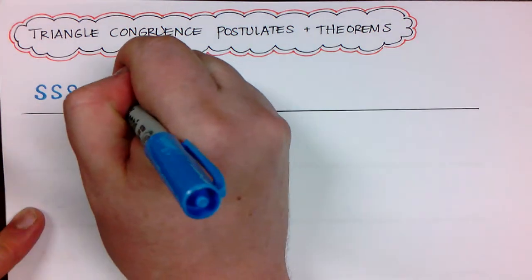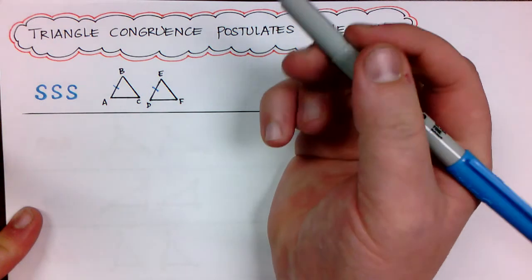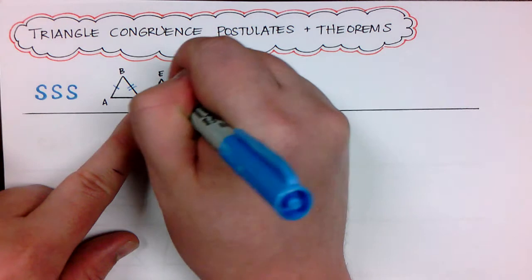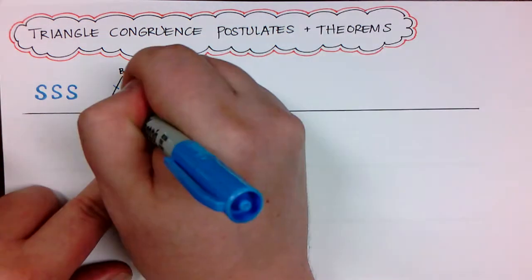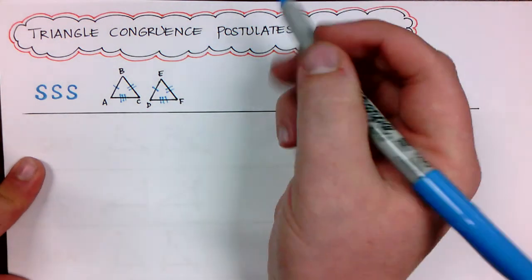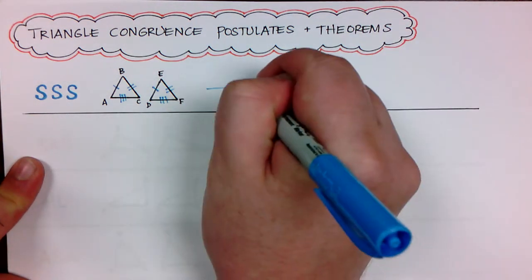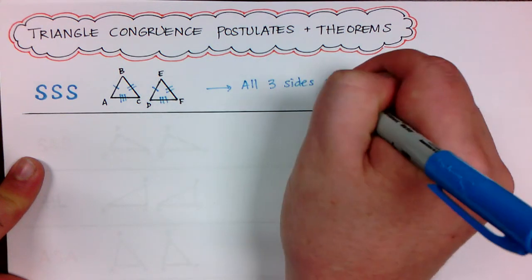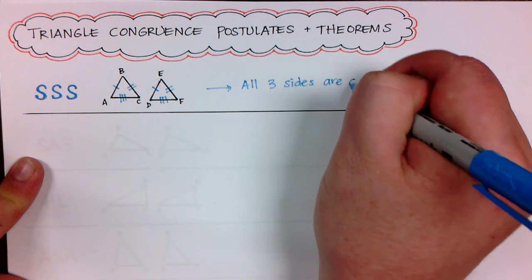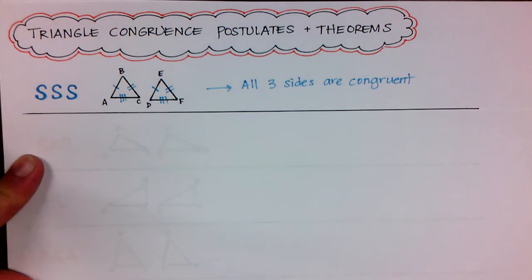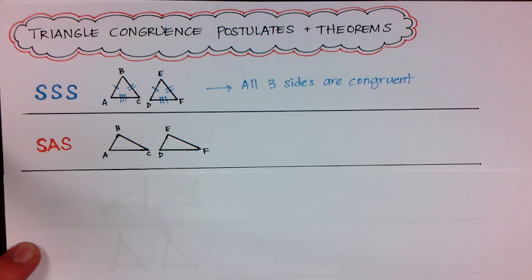And so in our diagram, we were able to show that if one side matches to another, and a second side matches to a second side of a different triangle, and the third sides match, and they're all congruent like that, then because all three sides are congruent to the three sides of the opposite triangle, I can prove that both triangles are congruent to one another.